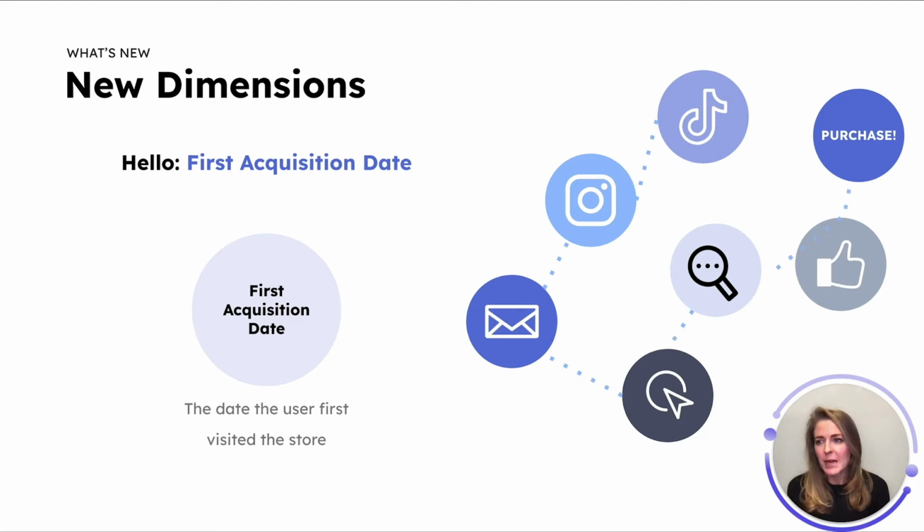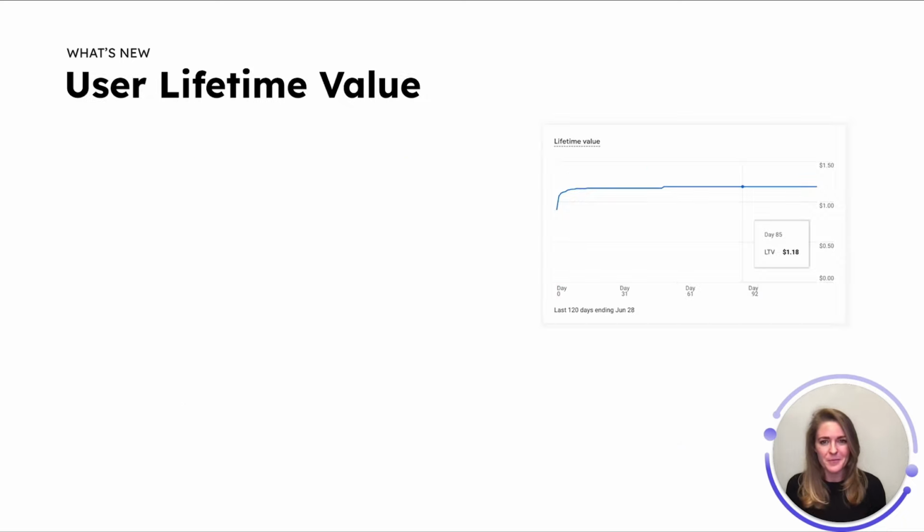So you can see, for example, if we have the first acquisition date from, say, the TikTok channel, we may be able to track that purchase back to TikTok, depending on the attribution that we're relying on, and actually track that path to purchase in a better way than we were able to previously. You can already see how GA4 is just miles ahead of Universal Analytics in terms of helping us better interpret the channel mix. It's not easy, it's actually quite complicated, and we'll get into attribution later in this course.